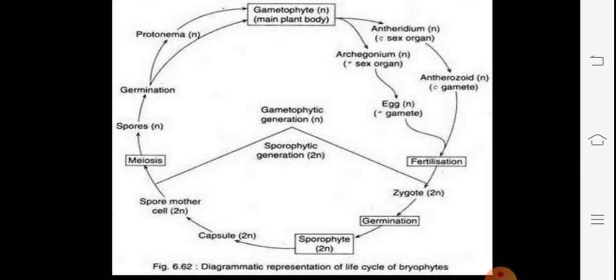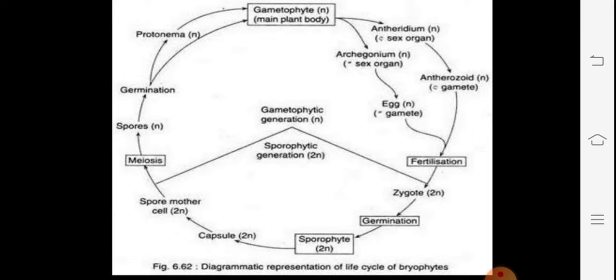In the capsule, spore mother cells are diploid, meiotic division takes place, and the haploid spores germinate and develop the protonema. Protonema is the first juvenile stage, without any gametangia or reproductive structures. So therefore it is called the protonema, and later on it develops further.